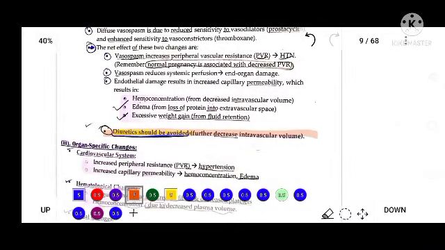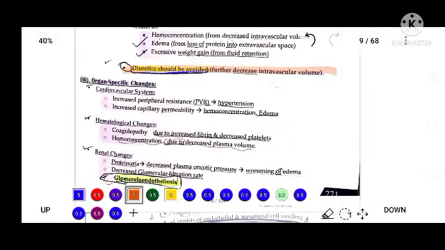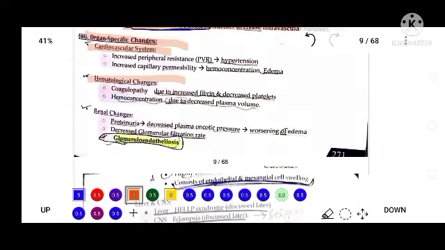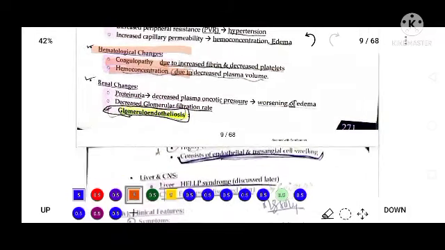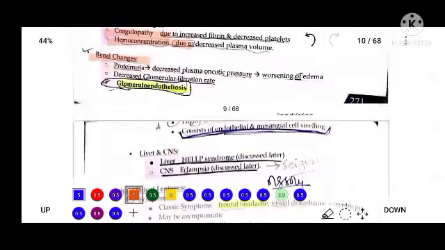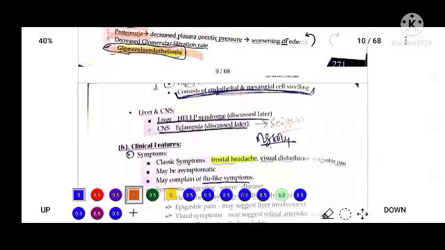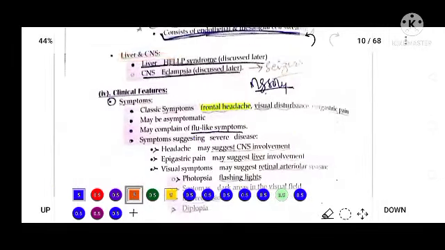Diuretics should be avoided in this condition because they decrease vascular volume. Specific organ damage results: cardiovascular system damage, hematological changes like coagulopathy, DIC, hematocrit concentration, renal changes, proteinuria, and glomerular endotheliosis can occur. Then the liver and CNS.